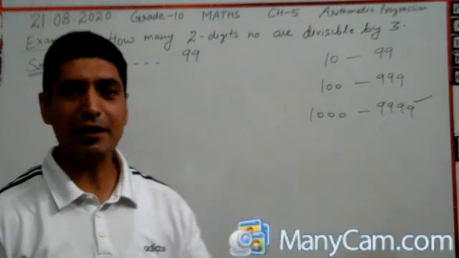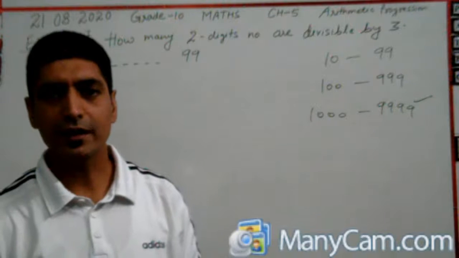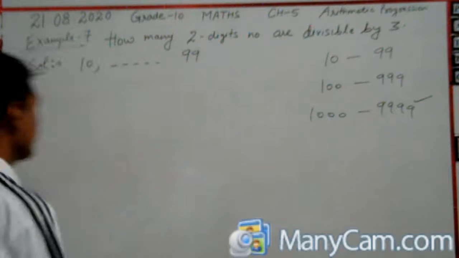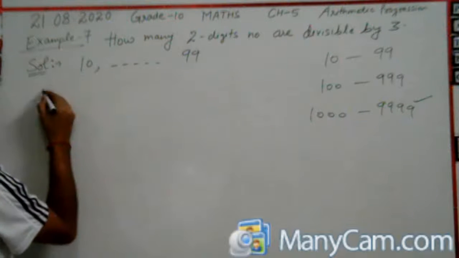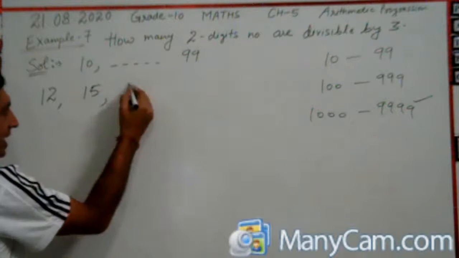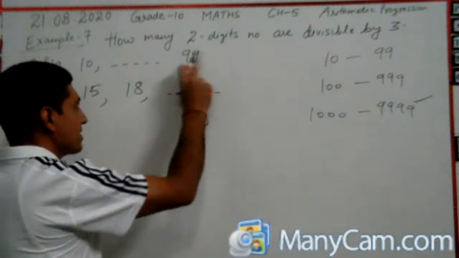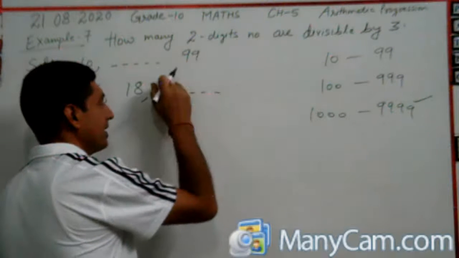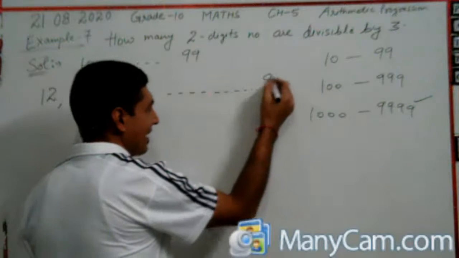The multiples of 3 are completely divisible by 3. Here the numbers are, check, 10 is not divisible, 11 is not, the first number is 12, then 15, 18, so on. And the last number is 99, then 96 before, 93, 90, so on. So the last number is 99.